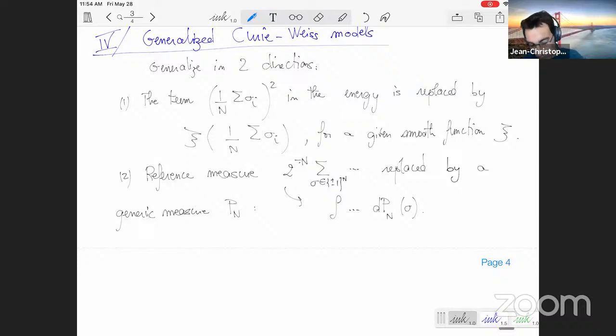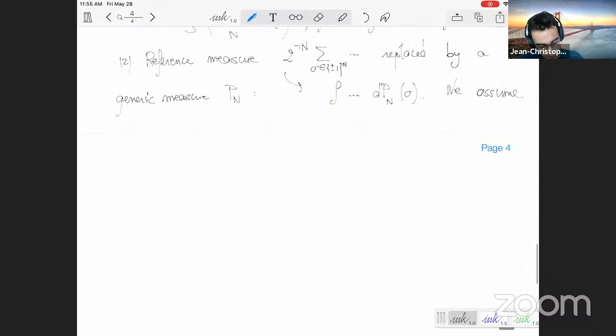So we assume that this vector of length n, its norm is bounded by square root of n, dPn of sigma almost everywhere. So Pn is a measure on R^n.